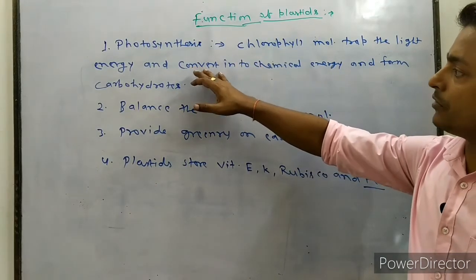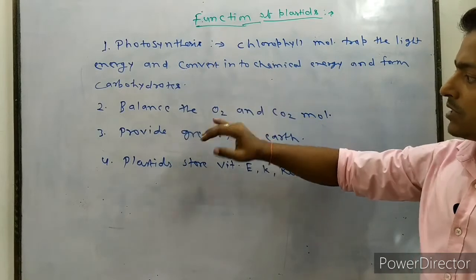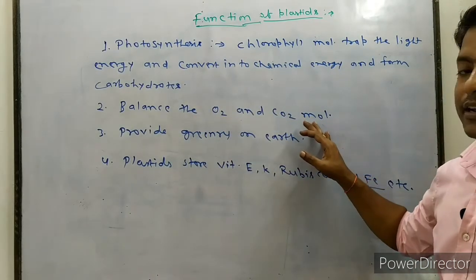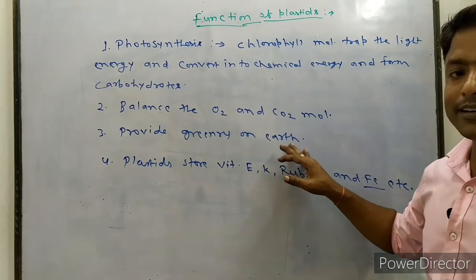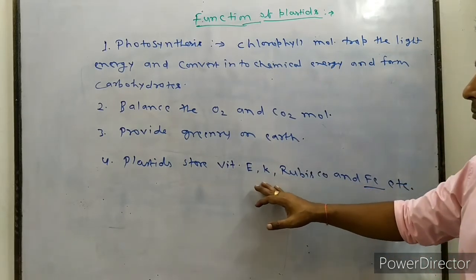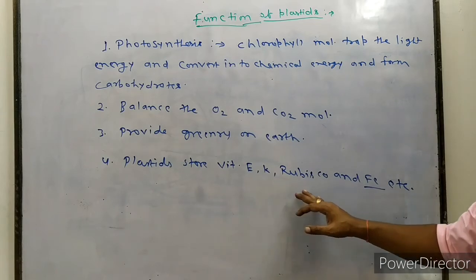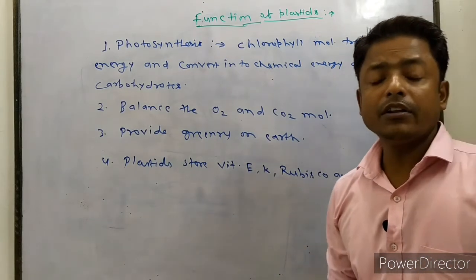First function, perform photosynthesis, balance the oxygen and carbon dioxide molecules. Third function, provide greenery on earth. Next function, plastids store vitamin E, K, Rubisco and iron molecules.